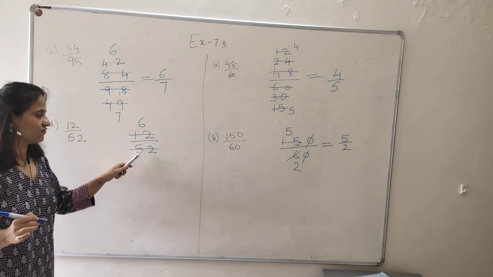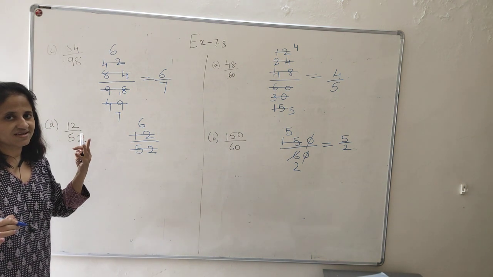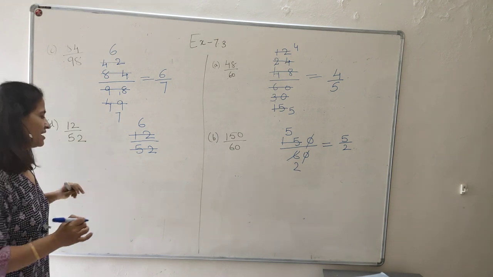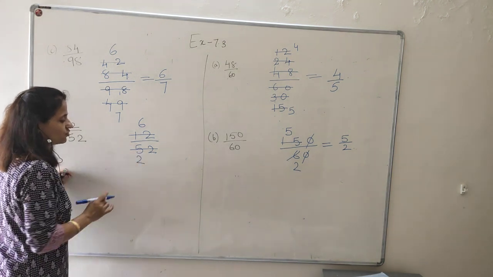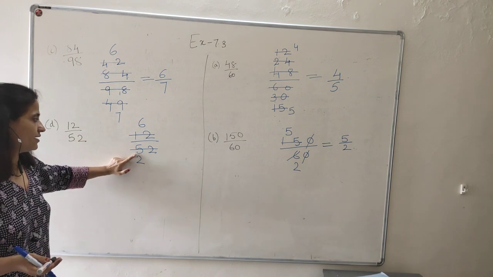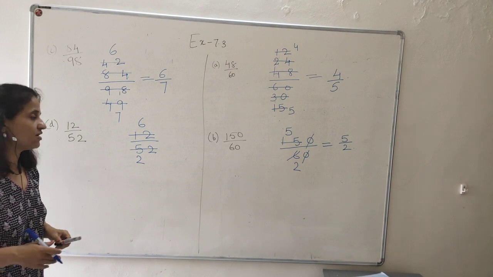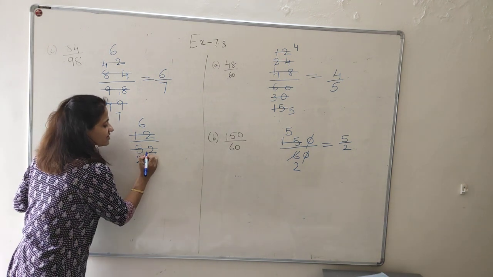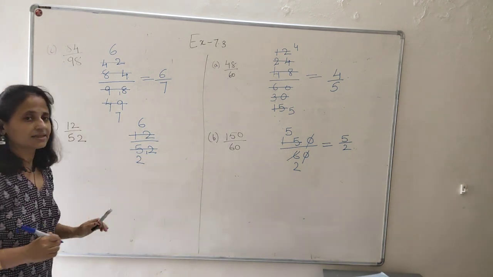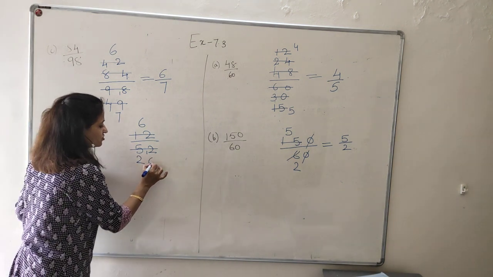Now read the table of 2 till 5. 2 1s are 2. 2 2s are 4. 2 3s are 6. It increases. I will come to 2 2s are 4. 4 in my mind. Here it is 5. In my mind it is 4. 5 minus 4 is 1. 1 I will give it to the neighbor. The neighbor becomes 12. So 2 6s are 12.